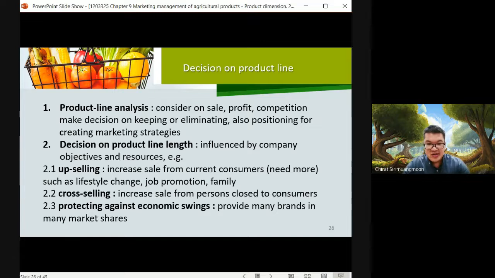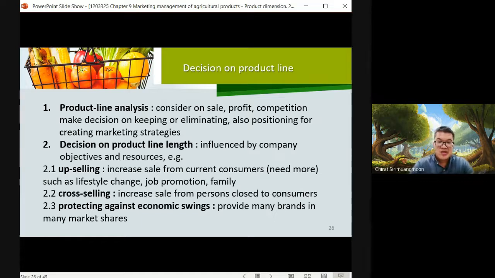In terms of increasing the product line, like the number of products in the line, you need to think about the objective and the resources that the company has. First, think about upselling.